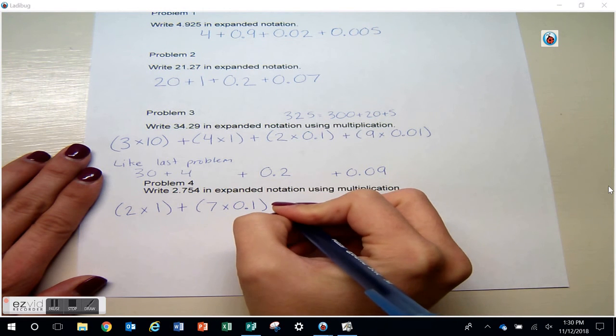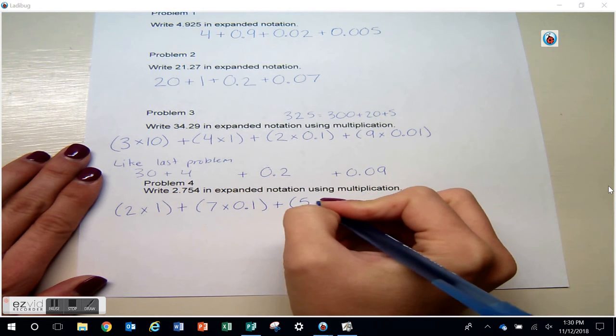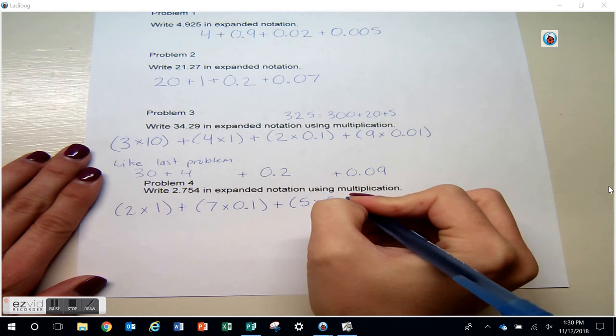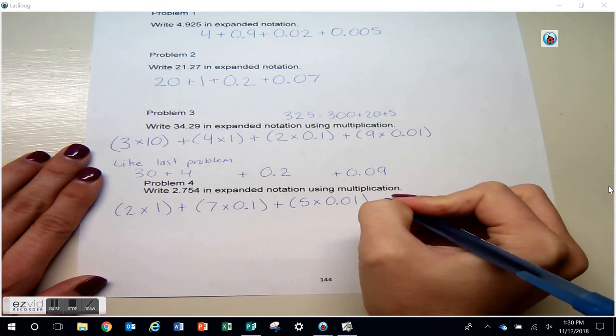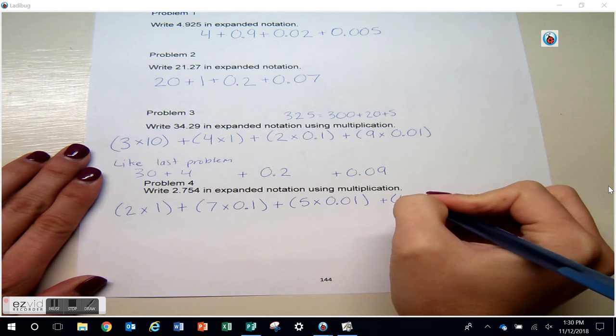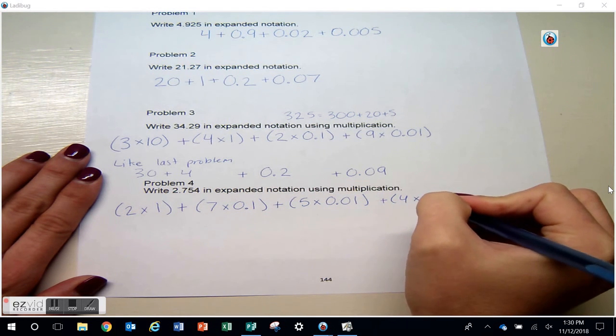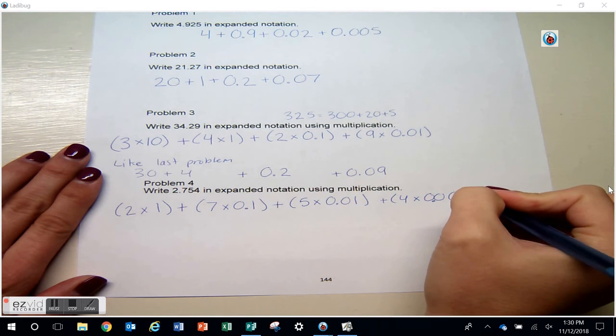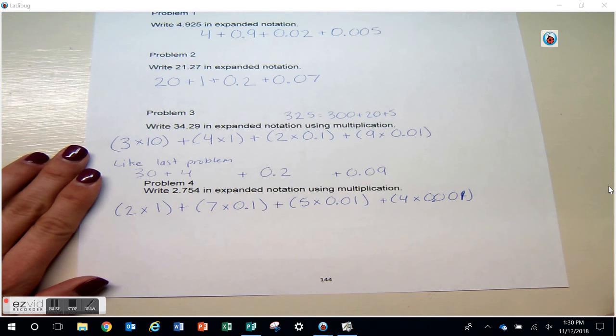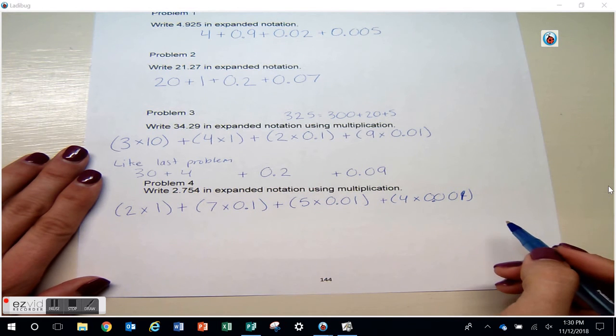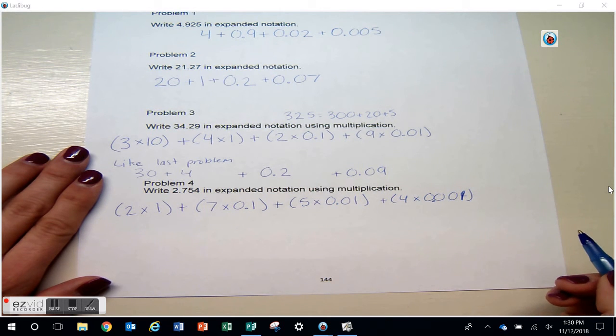Add that to the 5. The 5 is in the hundredths place. Add that to the 4. The 4 is in the thousandths place. This is expanded notation. This time we're multiplying by decimals. We're using multiplication to get our decimals.